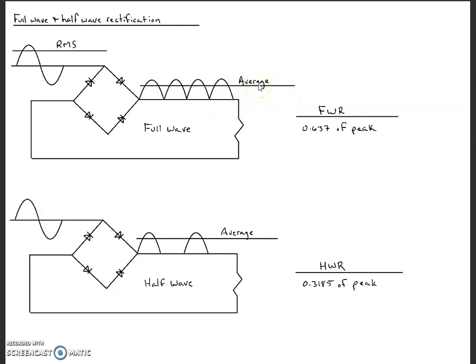A full wave rectified voltage is 0.637 of the peak voltage. And when we dealt with RMS, everything came back to the peak, right? RMS was peak times 0.707. Inversely, the peak would be the RMS times 1.414 or divided by 0.707.